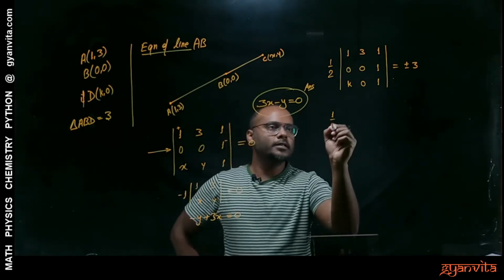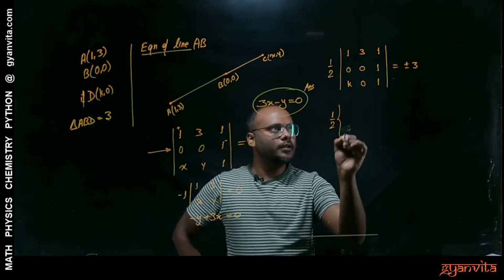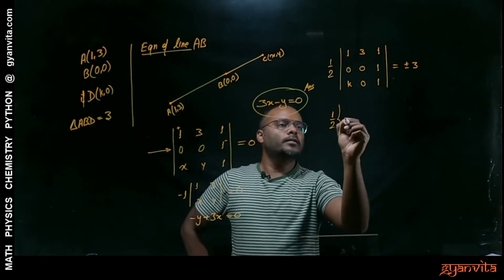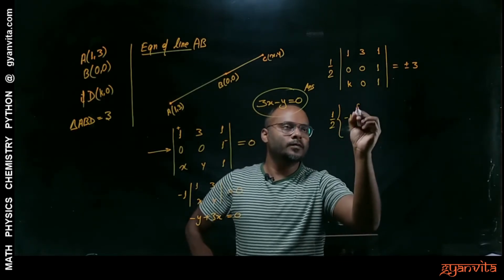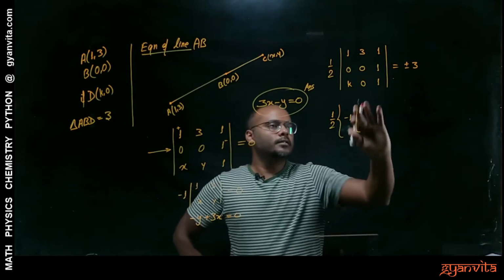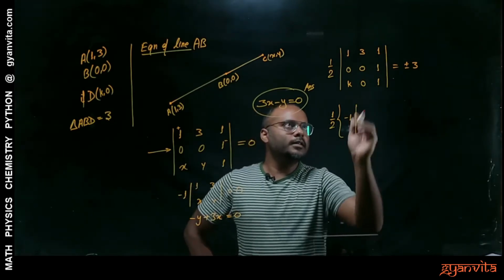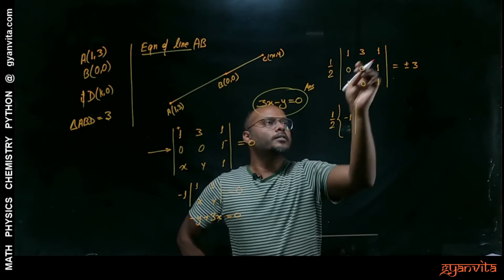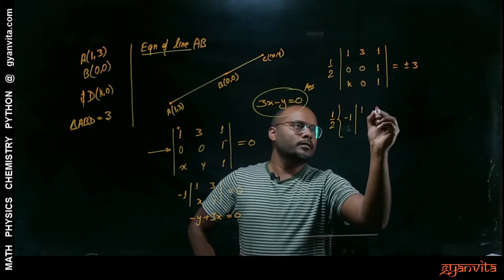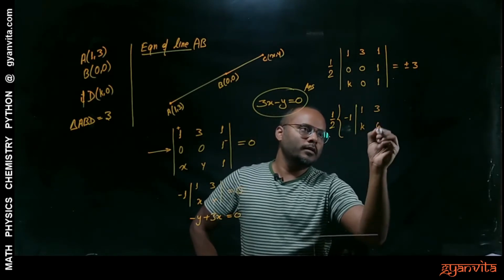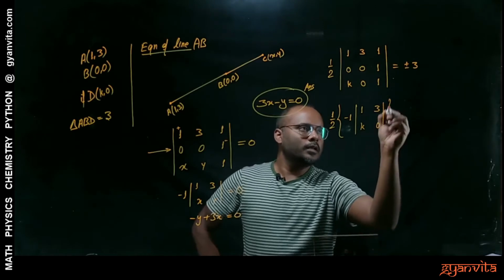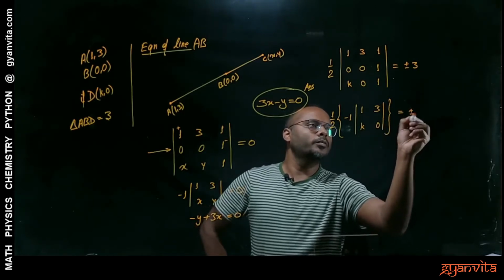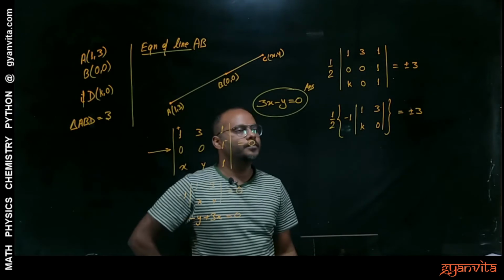So what is the determinant? Half into this one, this is actually minus, right? And after that the determinant which is left is 1 3 k 0. So 1 3 k 0 should be equal to plus or minus 3.